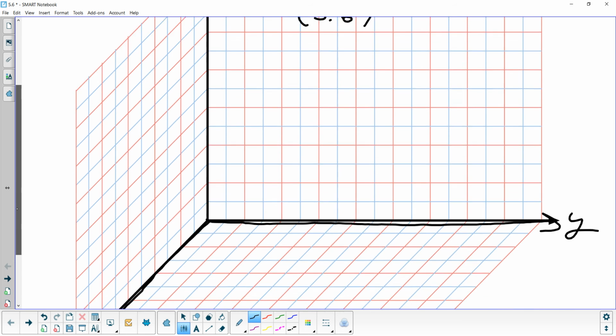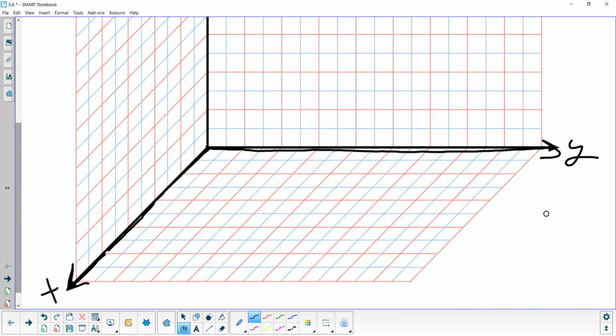All right, so just going back to our picture, take a look at this. In 3D, this is I. It's 1 unit long, and it points in the direction of the x-axis. So the red one is I. Let's do J next. J is 1 unit long, and it points in the direction of the y-axis.